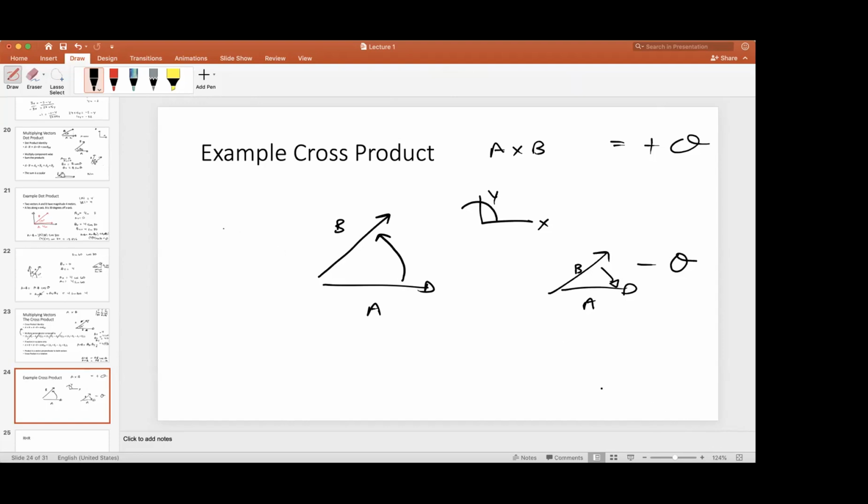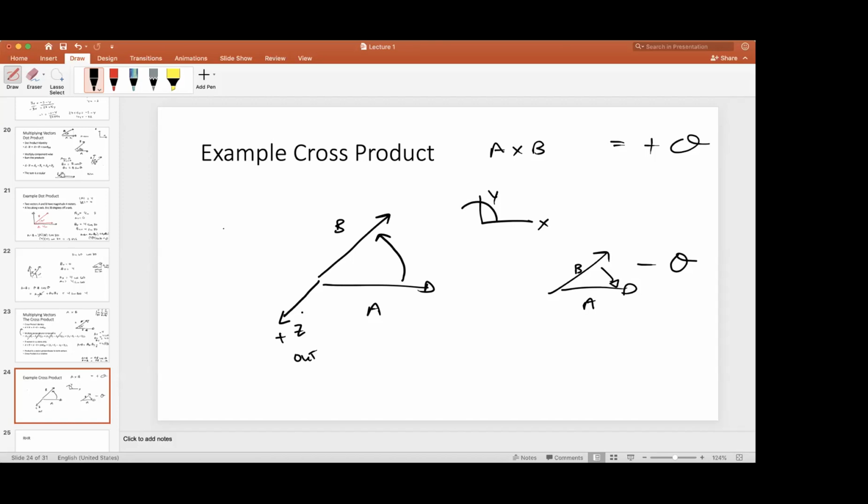And we'll go back to that. So what we need to look at is here, the positive Z direction comes out of the page. So point your thumb at your chest, and with your right hand only, not left hand, if you curl your fingers into your palm, that's the direction A is turning to B, and that is positive.